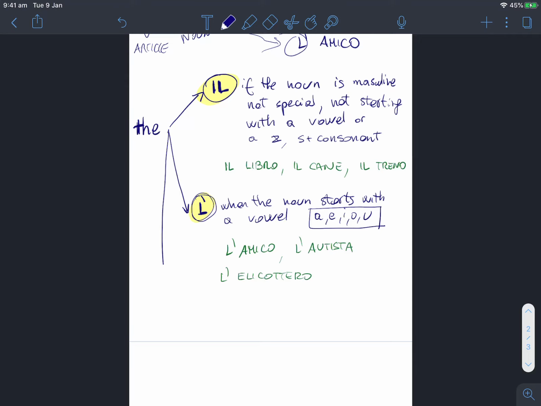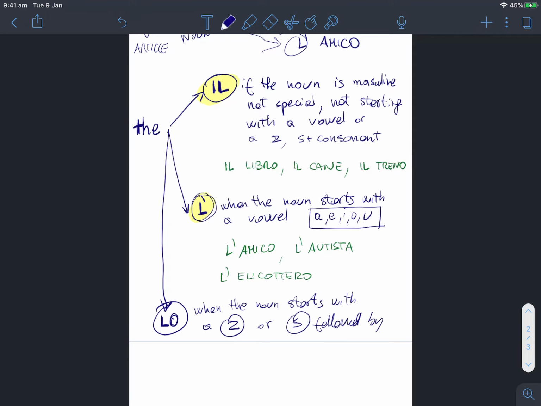Then you have another option, which is lo. Let's see if I can pause this. No, I can't pause this. So lo, we use lo when the noun starts with a Z or an S followed by a consonant.